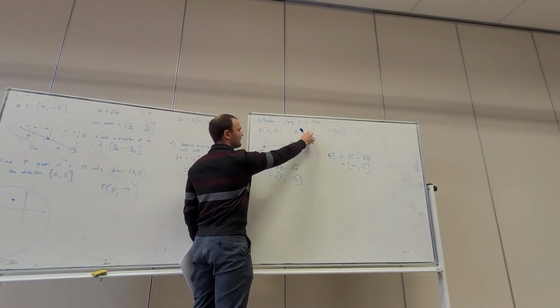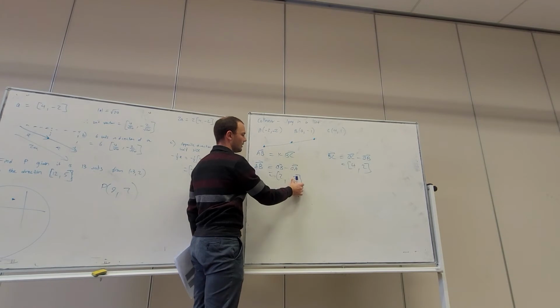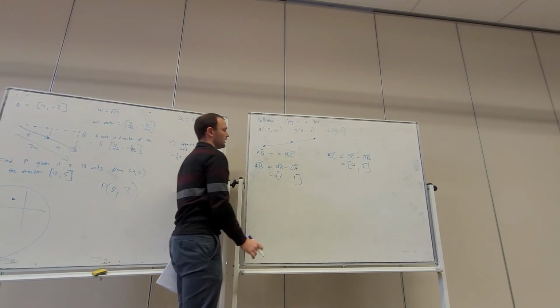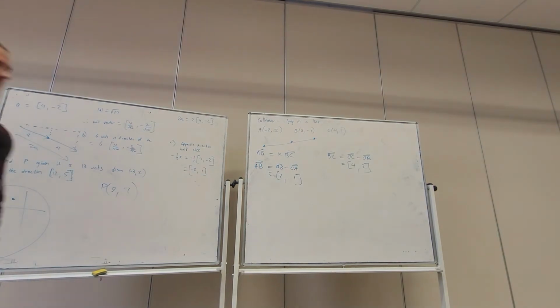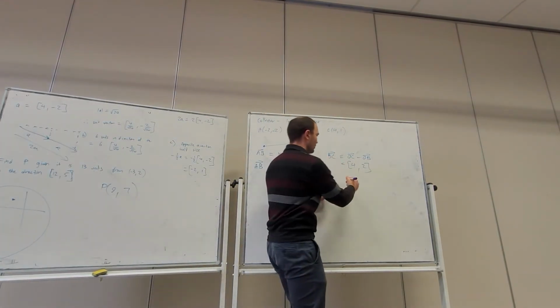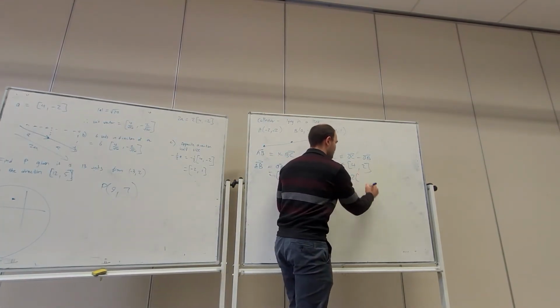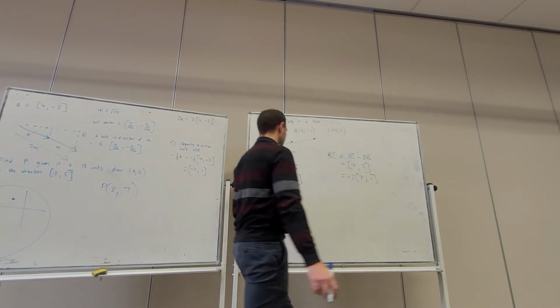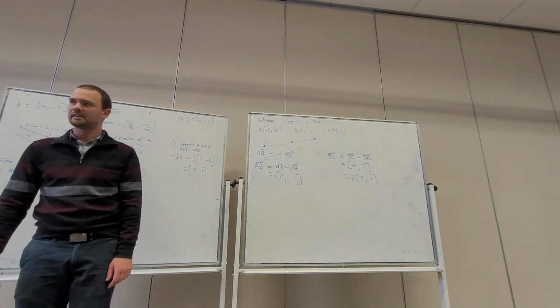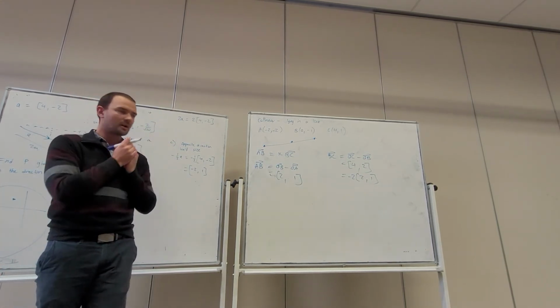So here we have -1 take -2, that's -1 plus 2. That'll be +1. There we go. Okay, so then what we can see here is BC is actually equal to -2 times 2 and 1. Isn't it? We can pull that -2 out the front.